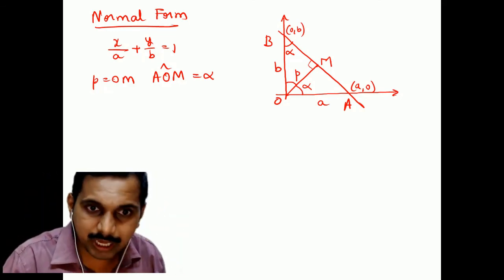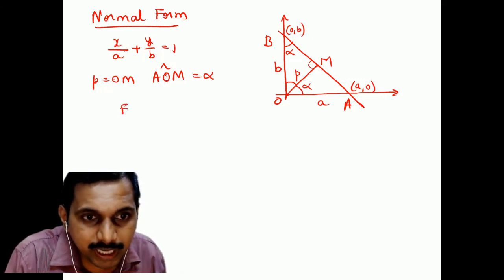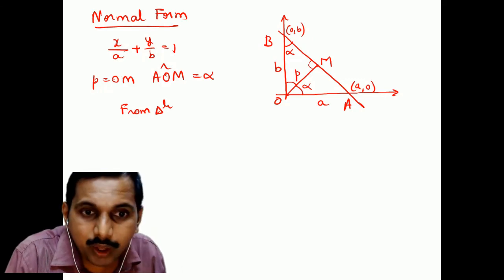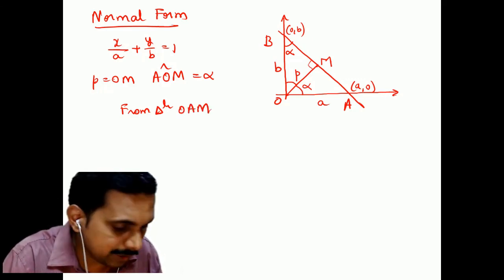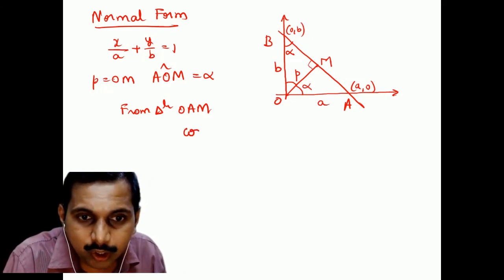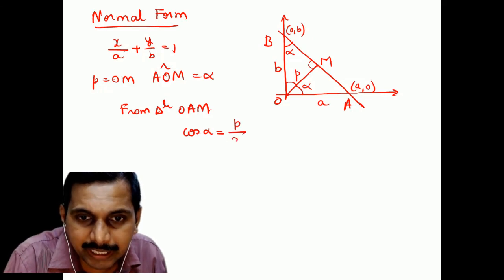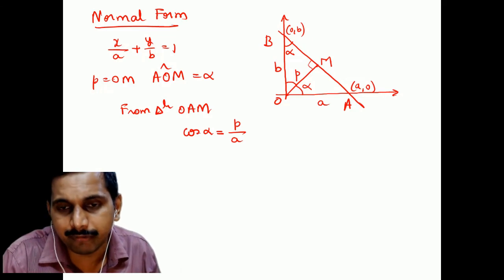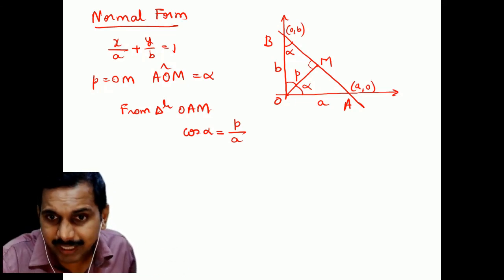Now from triangle OAM, I can say cos alpha is equal to P by A, is it not? Cos is adjacent by hypotenuse.